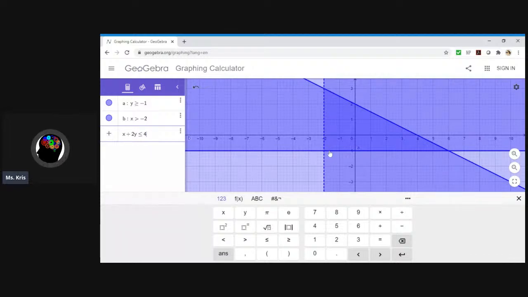You have the region going up, which is y is greater than or equal to -1. And then of course, you have our standard form of our equation, which is x plus 2y is less than or equal to 4.